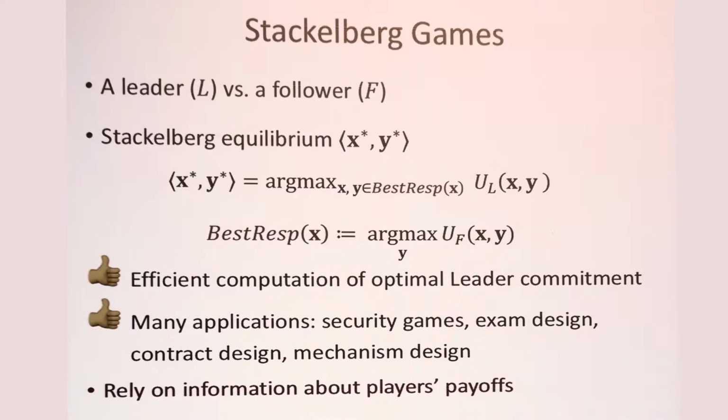Same as many other applications of game theory, these applications of Stackelberg games rely crucially on information about the players' payoffs. From the leader's perspective, if she wants to compute her optimal commitment, she needs to know the follower's payoffs.